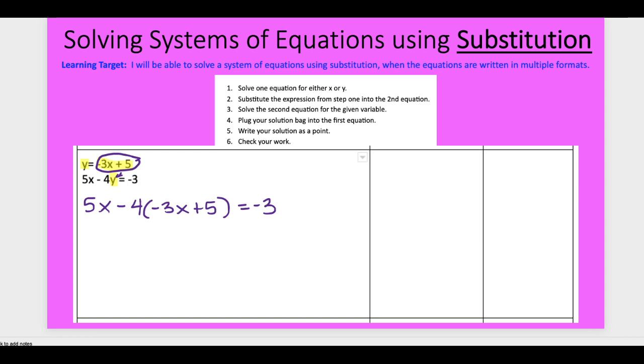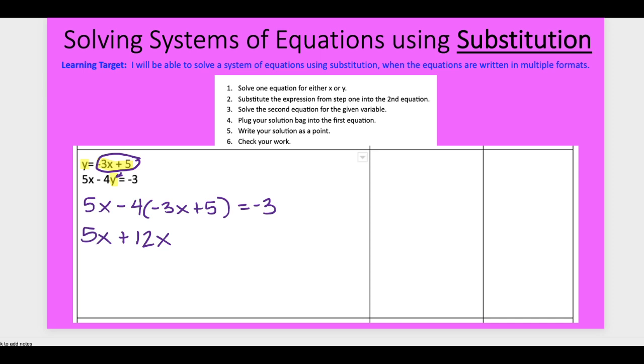Following order of operations, I need to do the distributive property. I'm going to multiply everything inside the parentheses by this negative 4 on the outside. Negative 4 times negative 3x, a negative times a negative, is plus 12x.